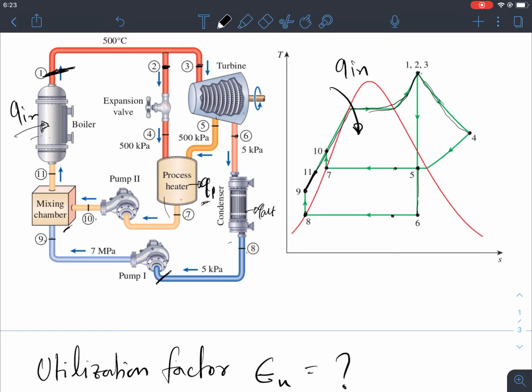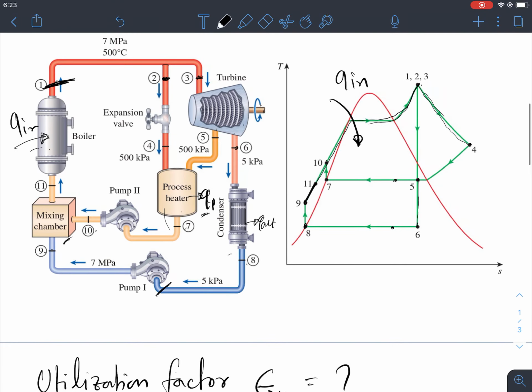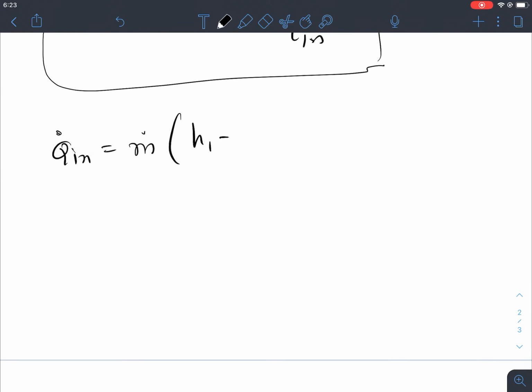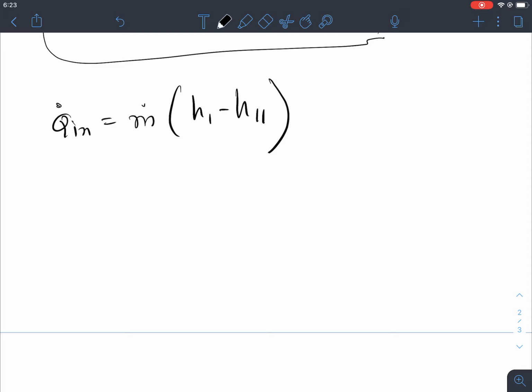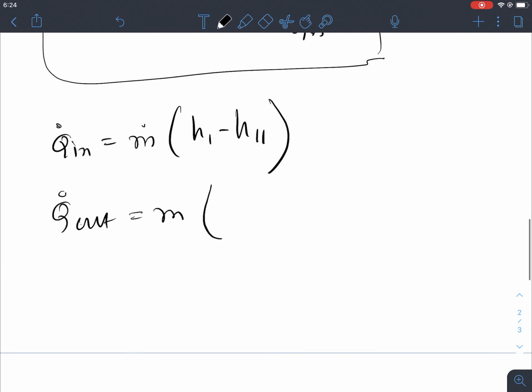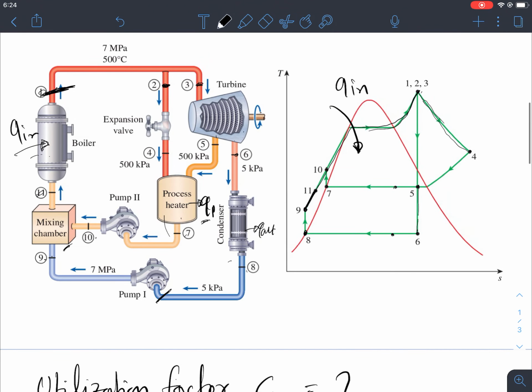For this diagram we can see that Q in is happening at our boiler, so it would be H1 minus H11. So this is our Q in, right? And then Q out, mass times Q out in the condenser, which is right here, H6 minus H8.